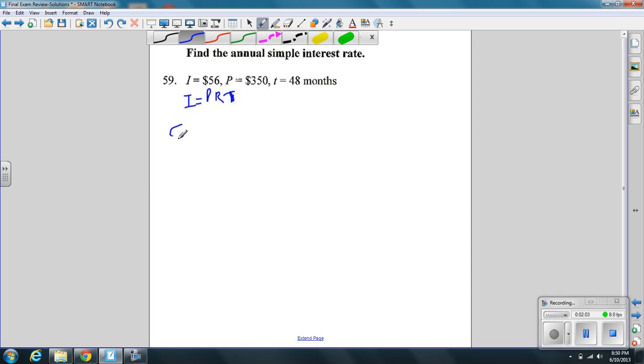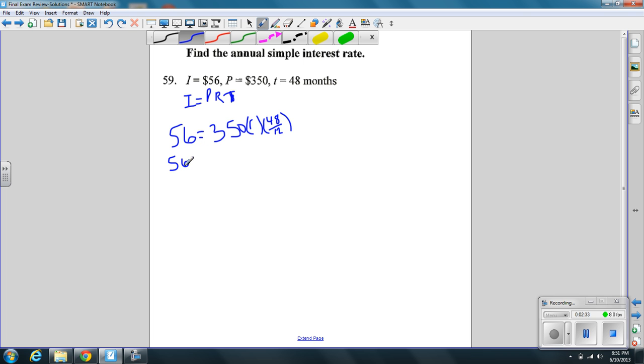So 56 equals 350 times the rate times the time, 48 over 12, or you can just write 4 because 48 divided by 12 is 4.